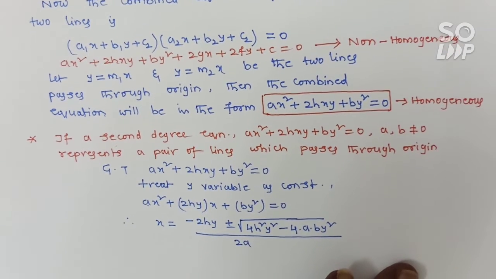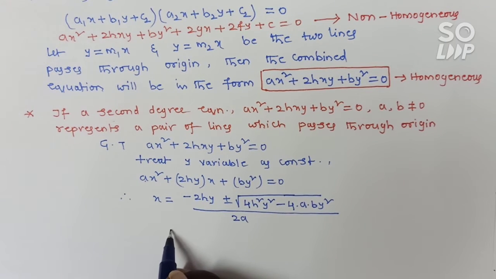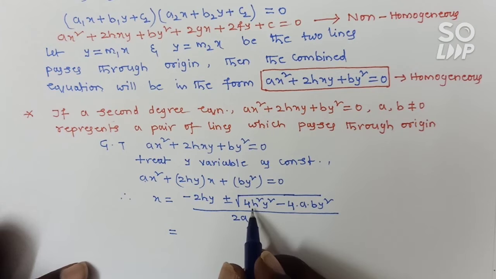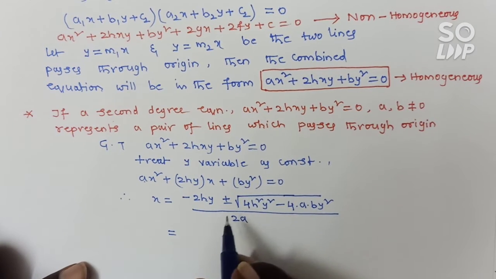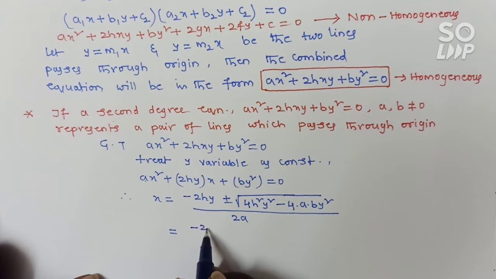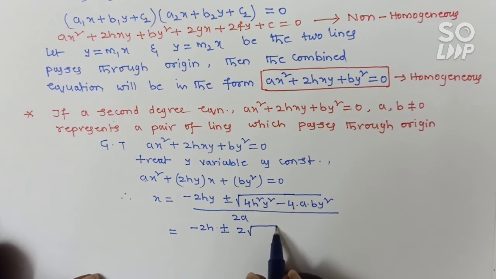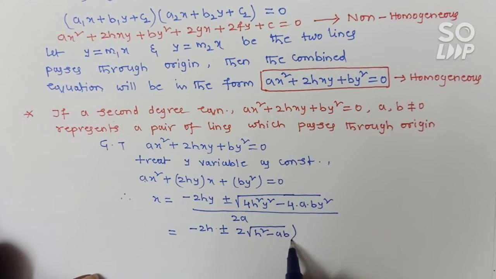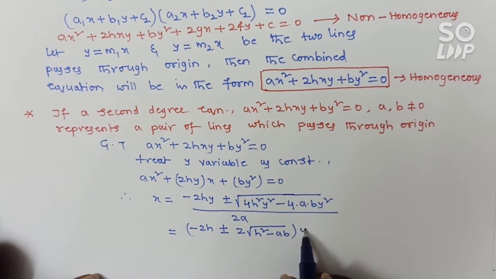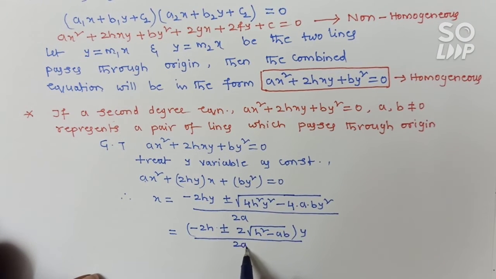So this one is the roots of this quadratic equation. That implies under the root you take 4y square as the common. That becomes 2y minus 2h into y plus or minus 2 into root of h square minus ab into y, whole divided by 2 into a.